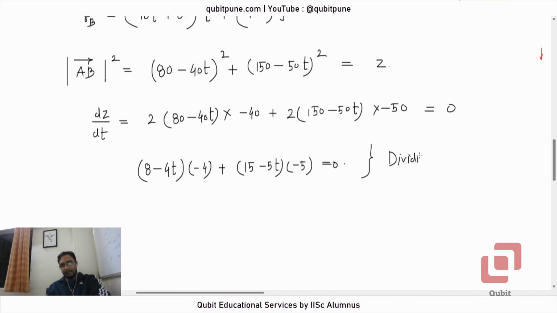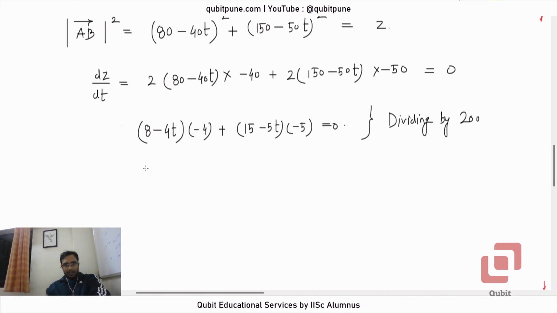Dividing by 200, the zeros will get rid of zero in every term, and 2 will get cancelled. Okay, so negative 32 plus 16t minus 75 plus 25t equal to 0. 16 plus 25, 41. 32 plus 75. So t will be 107 upon 41 hours.